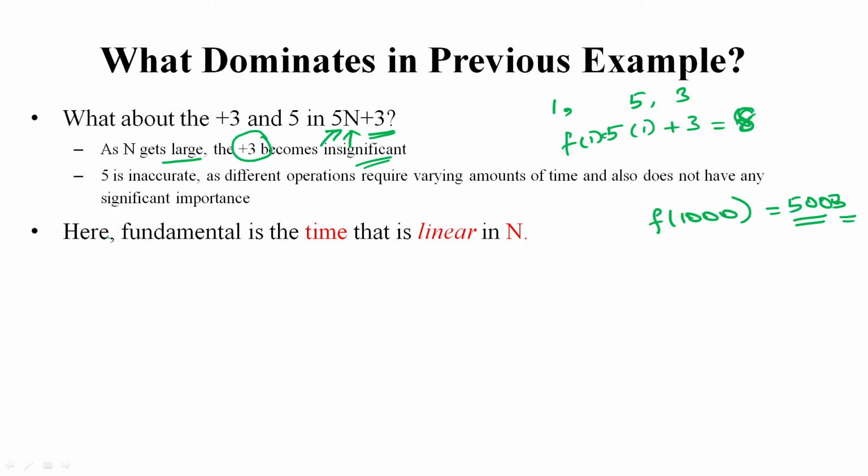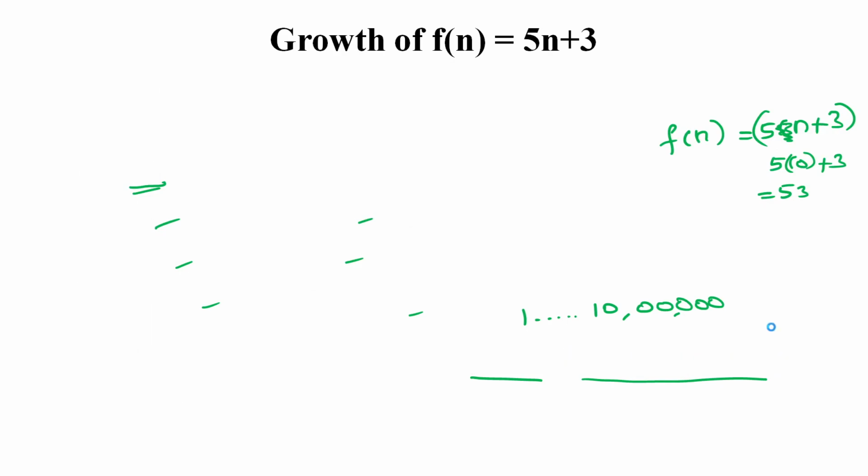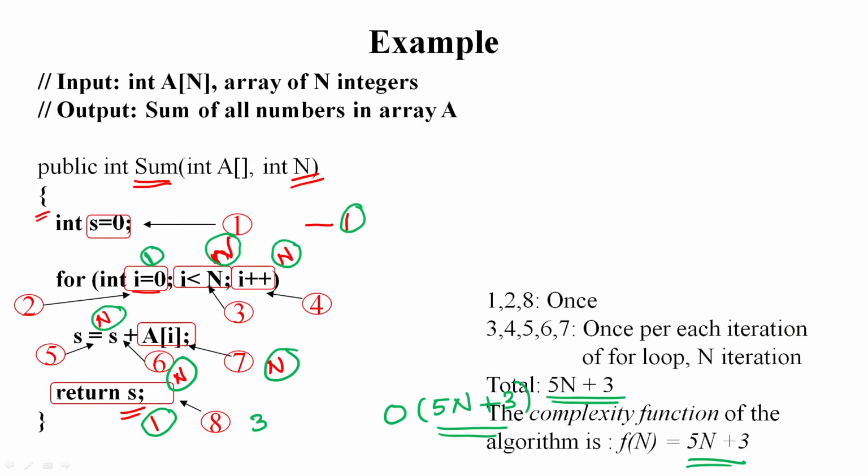And also 5 is inaccurate, in the sense that for different operations it will change. For example, if you have another statement, you see here you are returning the value, and here we are initializing the value s equal to 0.